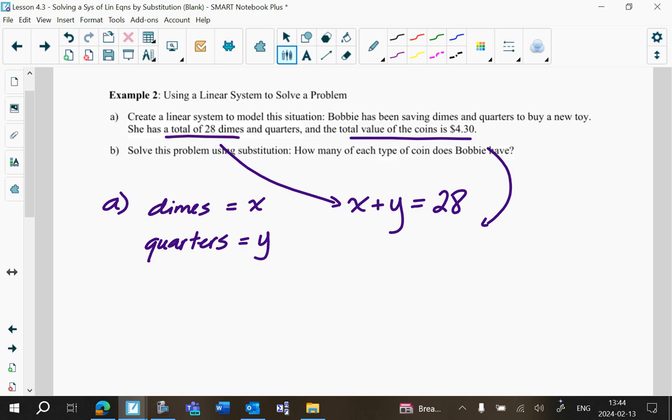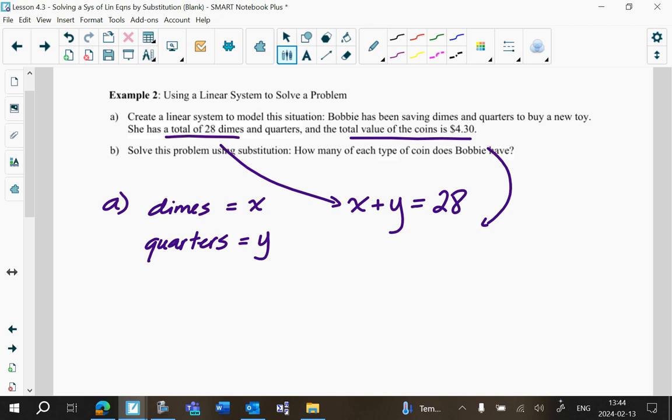What's the value of a dime? 10 cents. What's the value of a quarter? 25 cents. Which means that you guys said cents. So how would you say this in cents? 430 cents. So keeping track, if one dime is 10 cents, two dimes is 20 cents, three dimes is 30 cents, how would you figure out how many X dimes is?